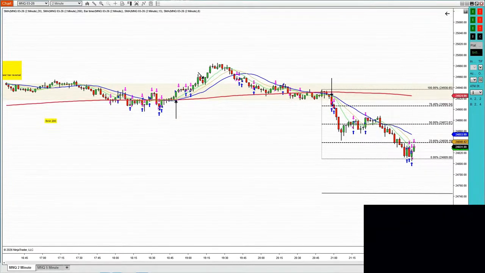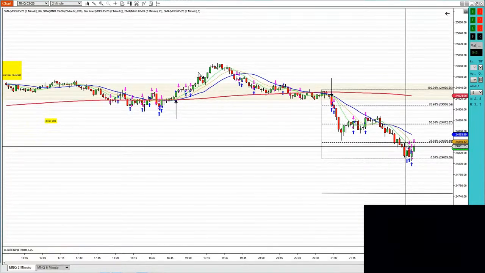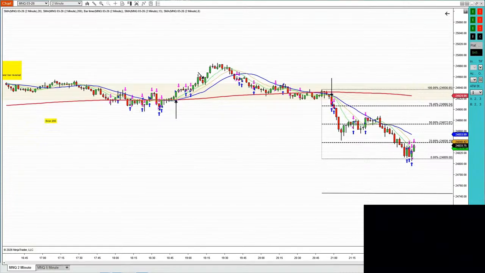And that's after we have another short. Here are my charts.